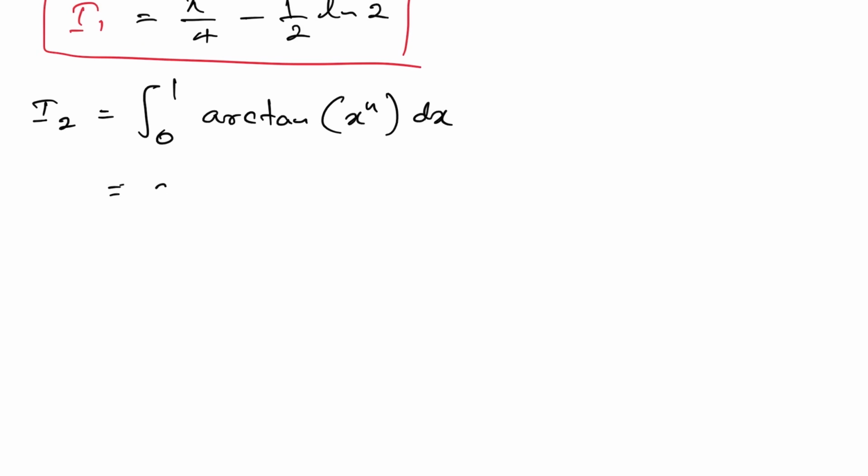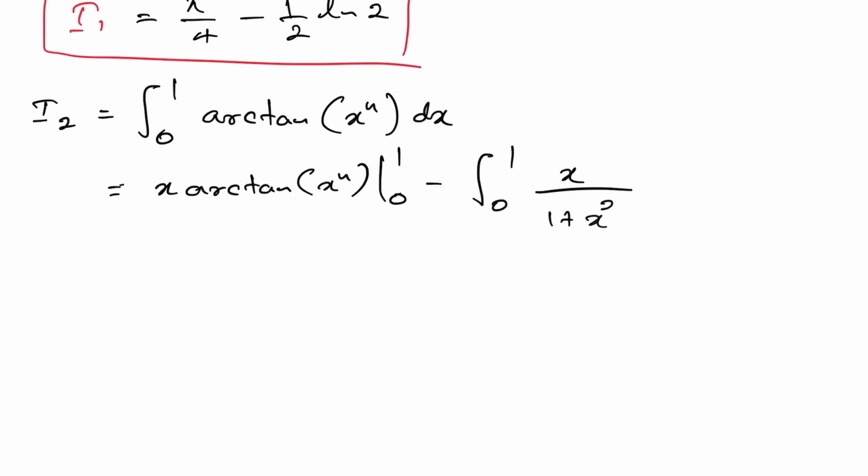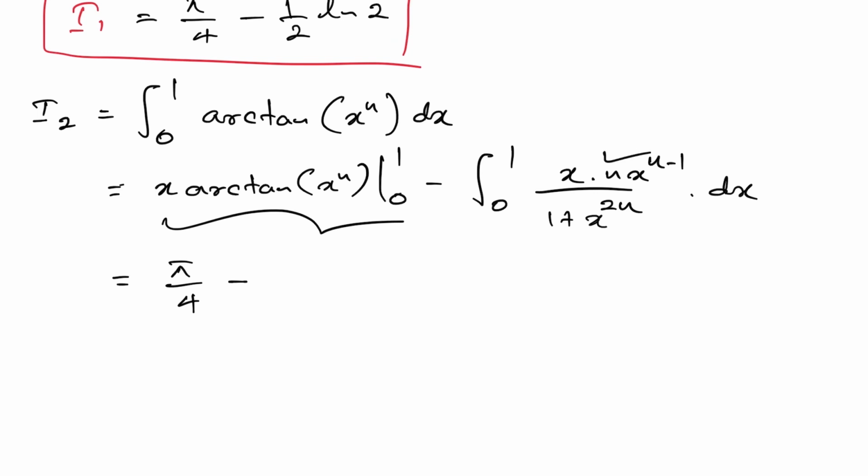So x times arctan of x to the n from 0 to 1, minus the integral from 0 to 1 of x times the derivative of arctan of x to the n, which is 1 over 1 plus x to the 2n, and according to the chain rule, the derivative of x to the n is n times x to the n minus 1, dx. Applying the limit, we have pi over 4 minus, and n outside of the integral sign, the integral from 0 to 1.